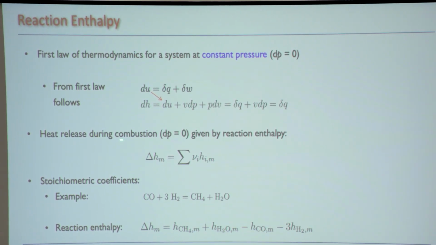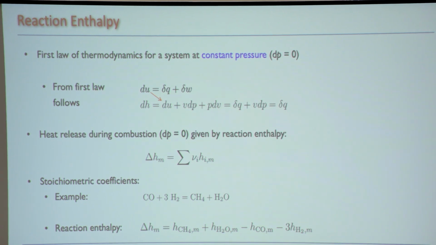We say the heat release is equal to the change in the enthalpy from reactants to products, or the chemical enthalpy from reactants to products. And so this is written like this, with the stoichiometric coefficient, which is positive for the products, negative for the reactants.